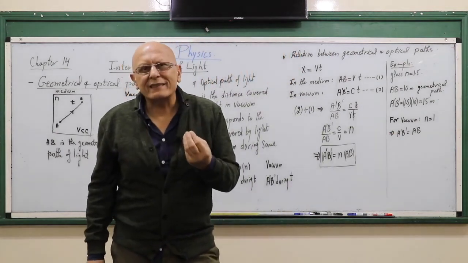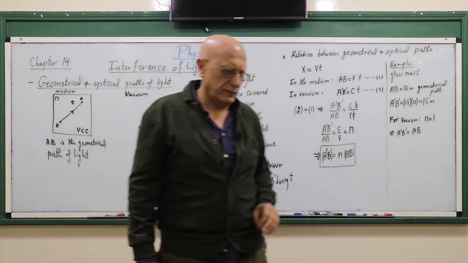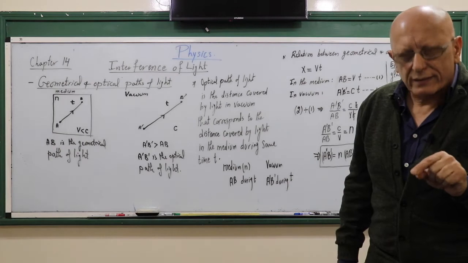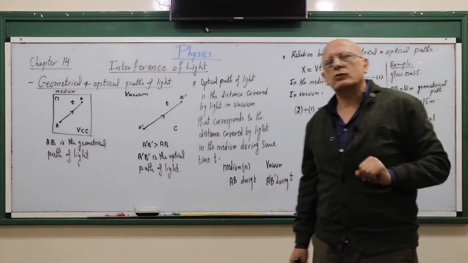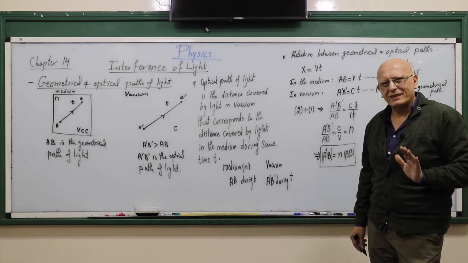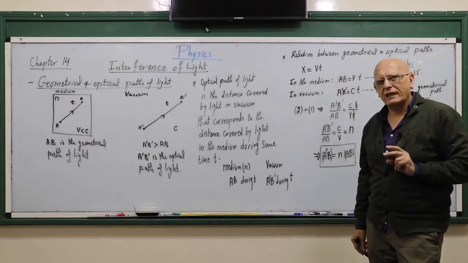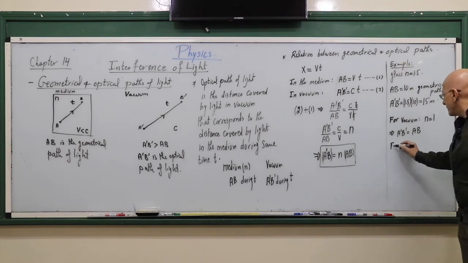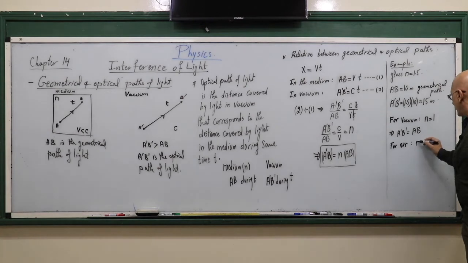This means that in vacuum, the geometrical path of light is also the optical path of light. They are the same in vacuum. For air, you have n approximately equal to 1.